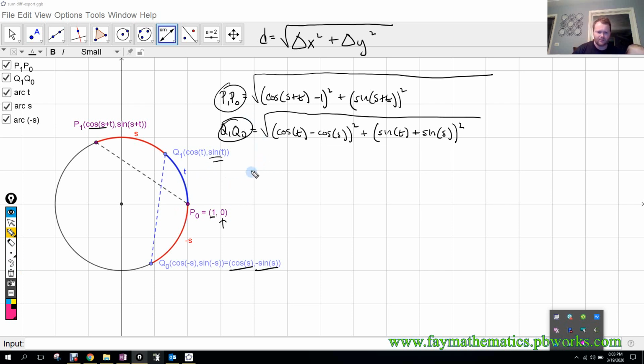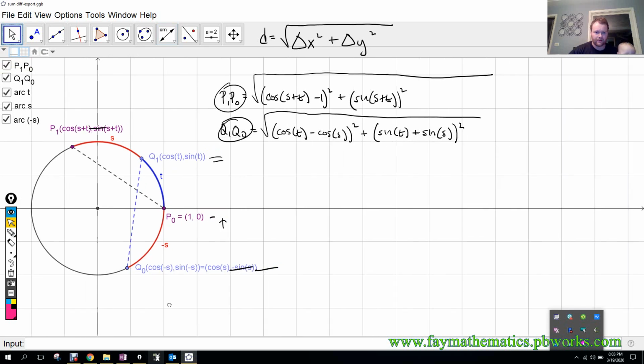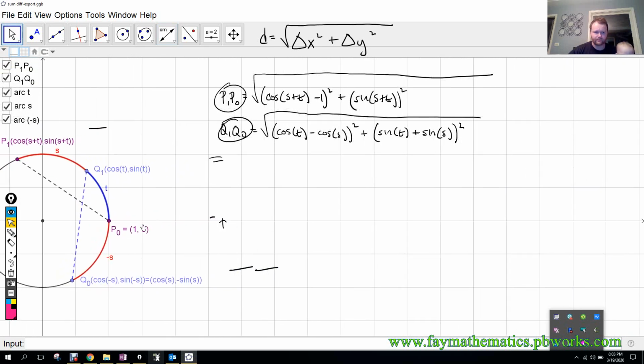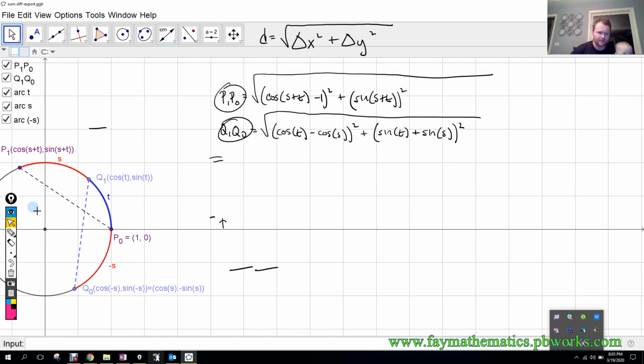So let me generate a little bit more room here and move this thing over. Alright. And this is kind of where things could get messy. So again, I apologize. I'll try to write small enough so it doesn't run off the page.